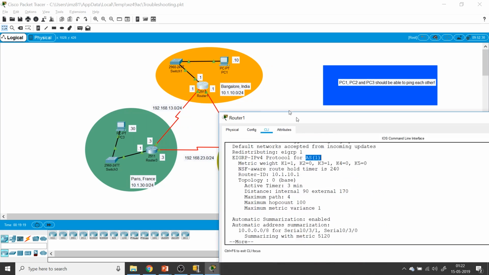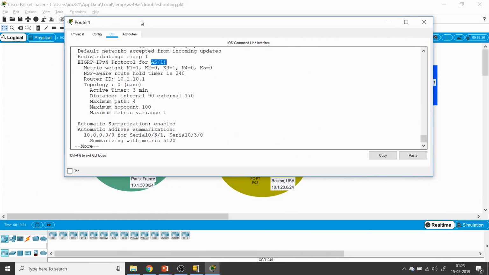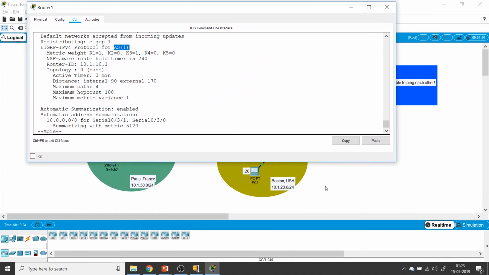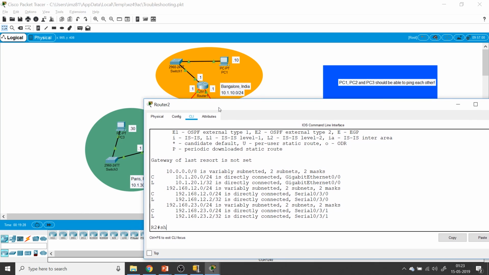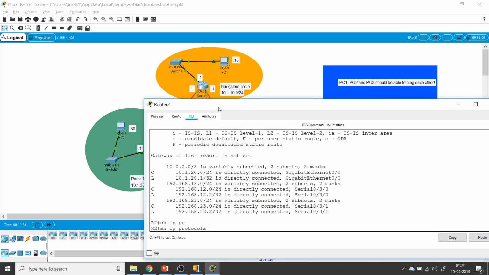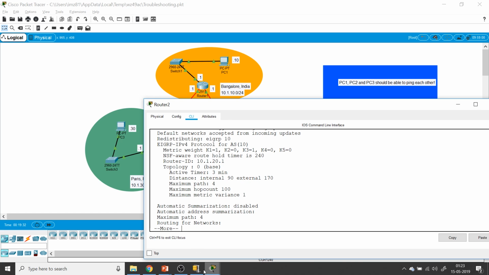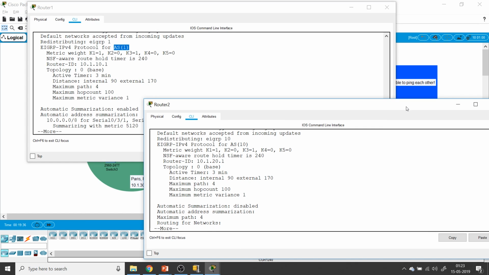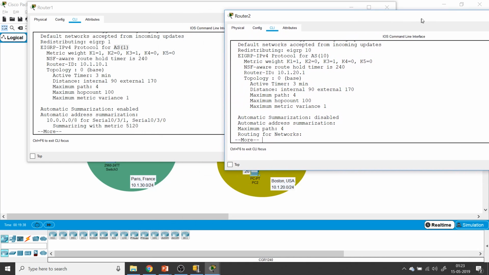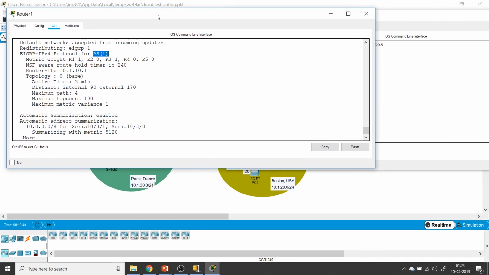Let's also look at 1 and 2. Let's see what's happening at 2. Okay, let's give the same command, show IP protocols. Okay, and where's 1? Okay, 1 and 3. Sorry, 1 and 2.